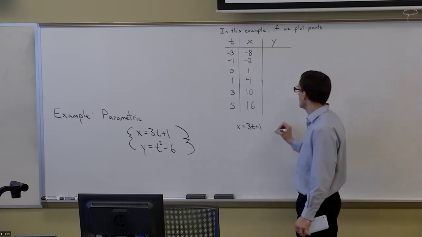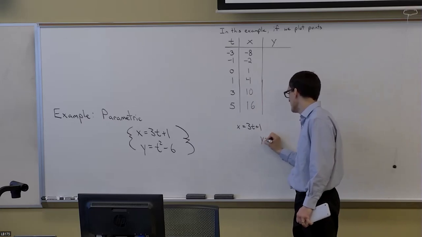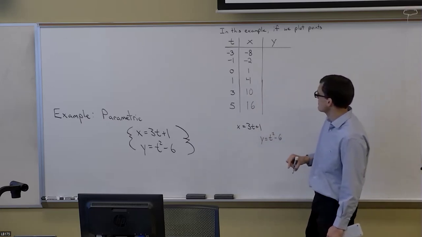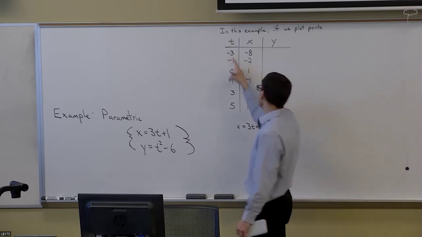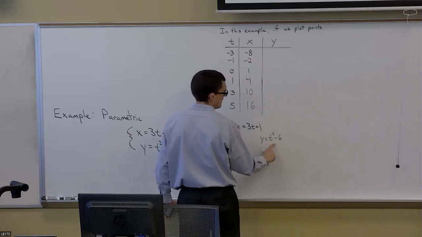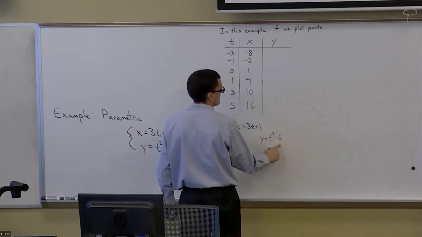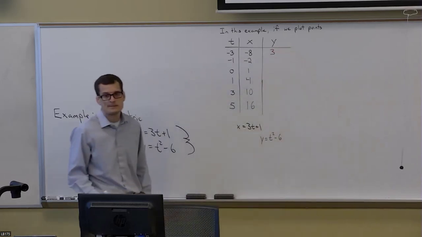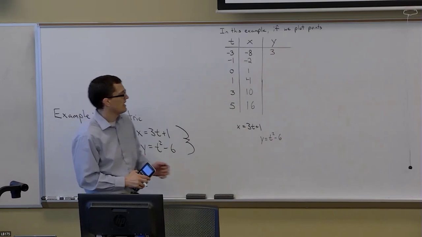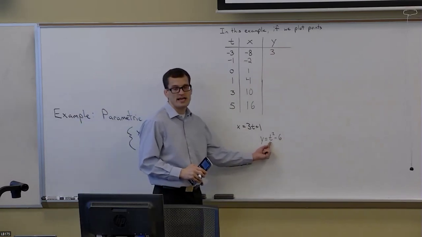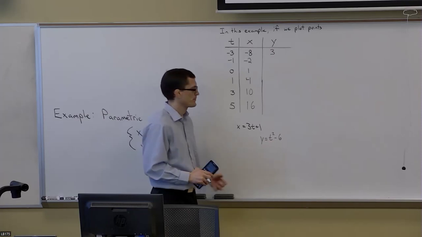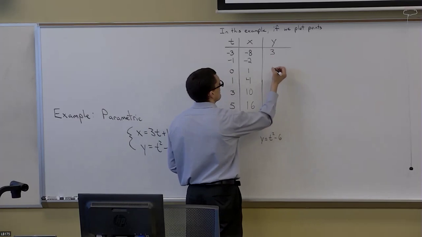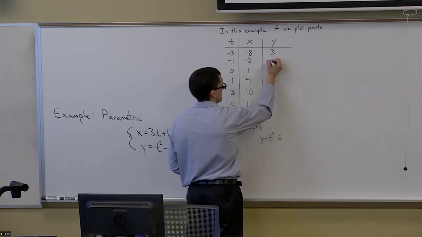Then to find the y value, you use the other equation, the t squared minus 6. You plug in -3 into that. 3 squared minus 6 is a positive 3. If I plug in a -1 into that, -1 squared minus 6 is -5.